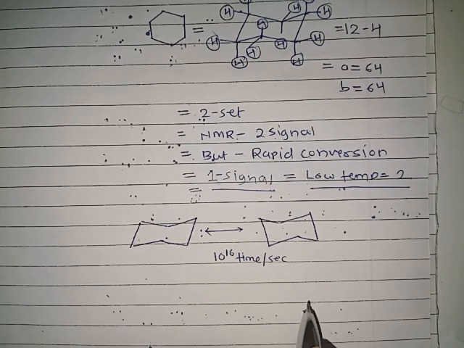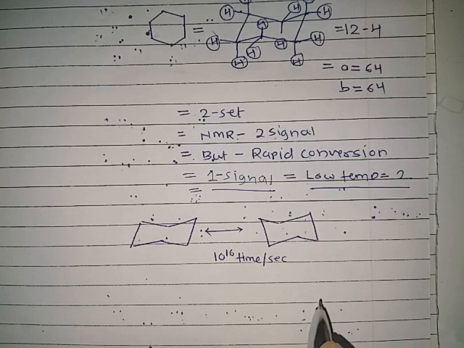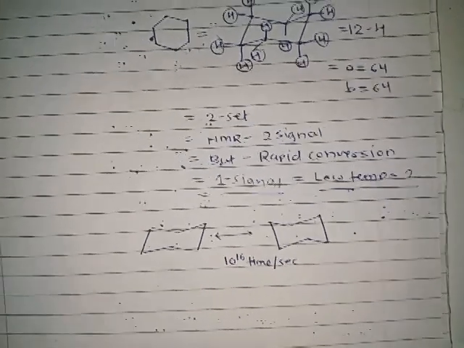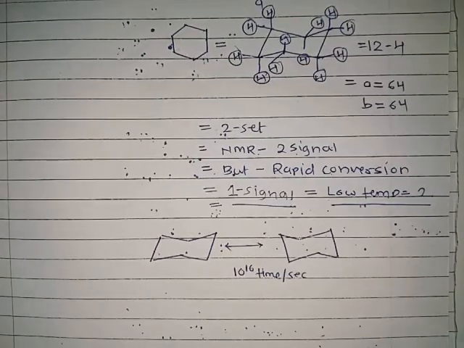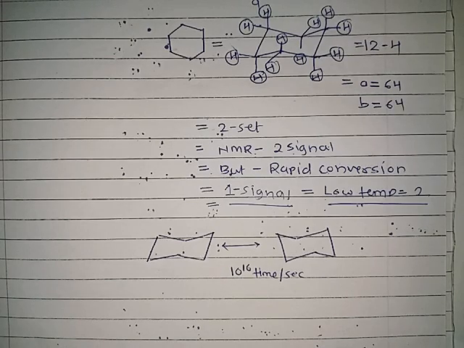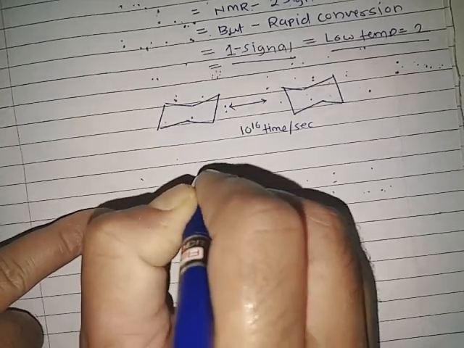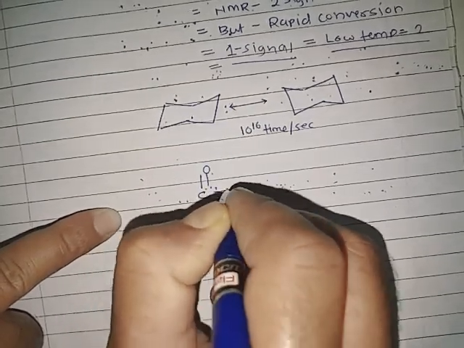The number of signals in a PMR spectrum gives us an idea about the different sets of protons present in an unknown organic molecule. One interesting example is if you have amide protons.